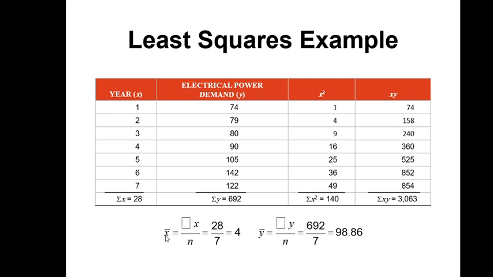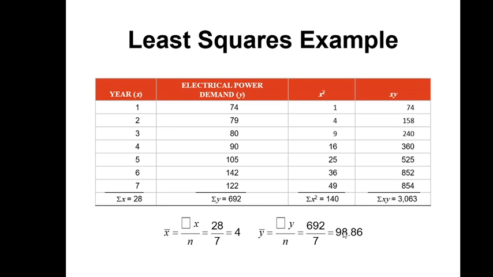Then we can solve for the average value of X, which is X bar. It will be the sum of X, which is 28, divided by the number of periods, which is 7, as I told you. So we have an X bar, or average value of X, of 4.